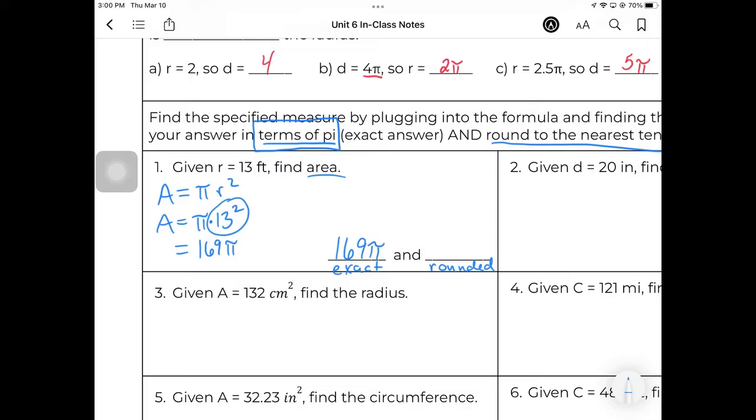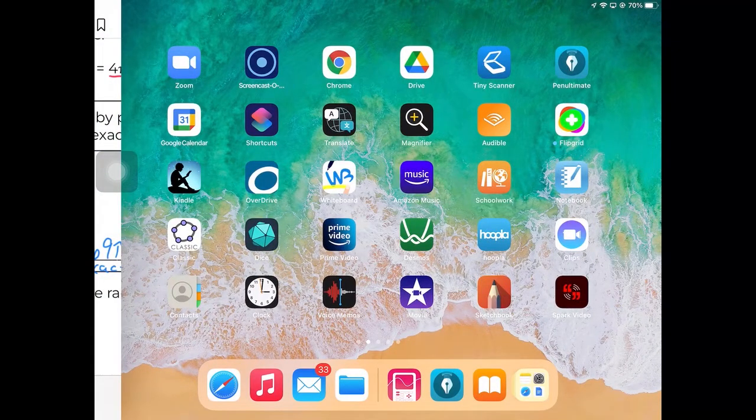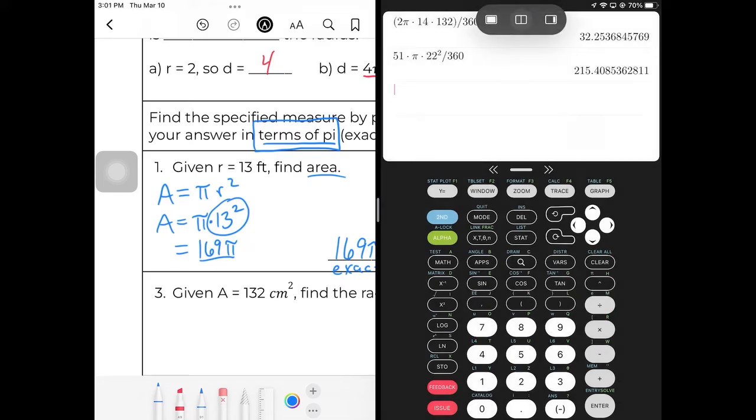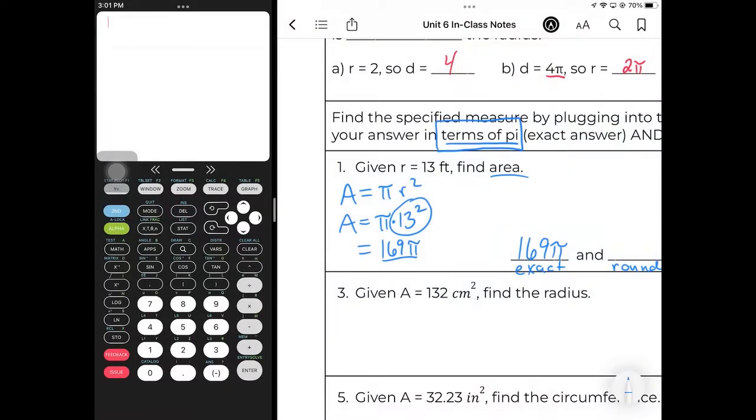Then to write my rounded answer, I just finish the calculation. I do 169 times pi in the calculator. So I'm going to bring up my calculator on screen. Let me get it moved over to the other side. There we go. Okay, zoom in here if you need to, but we are looking at 169 times pi. On these calculators, pi is right above this little exponent key.